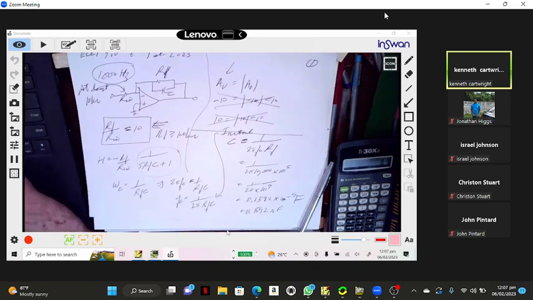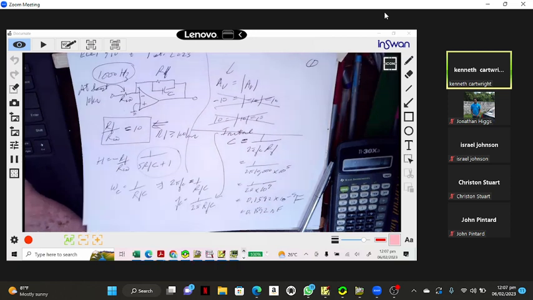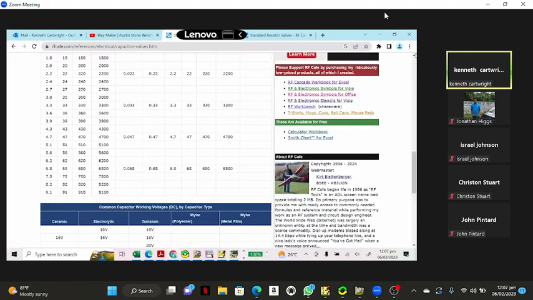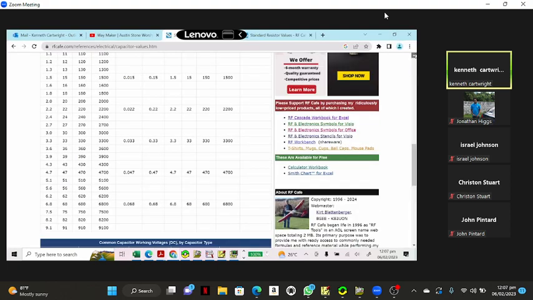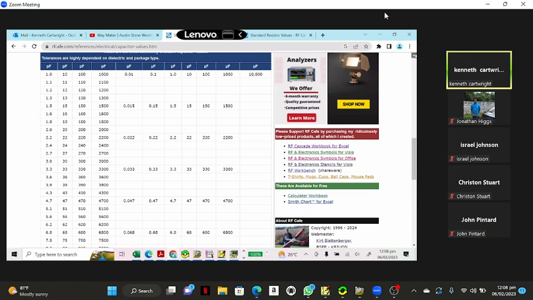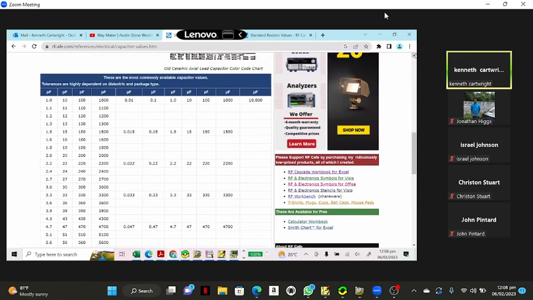And where do we get such a list? From the internet. And here's one such list. Now, looking at this list, what's close to 0.1592 nanofarad?